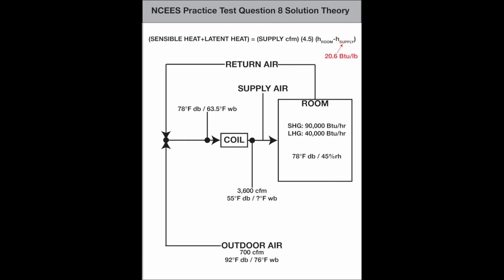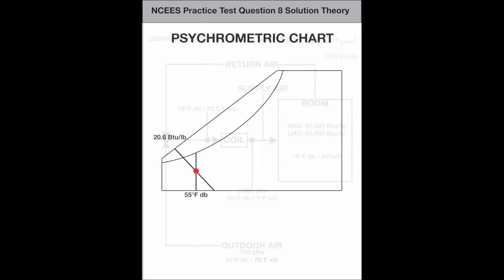Supply enthalpy is equal to 20.6 BTU per pound. On the psychrometric chart, look up the intersection of 55 degrees dry bulb and 20.6 BTUs per pound. Wet bulb is roughly 51.8 degrees.